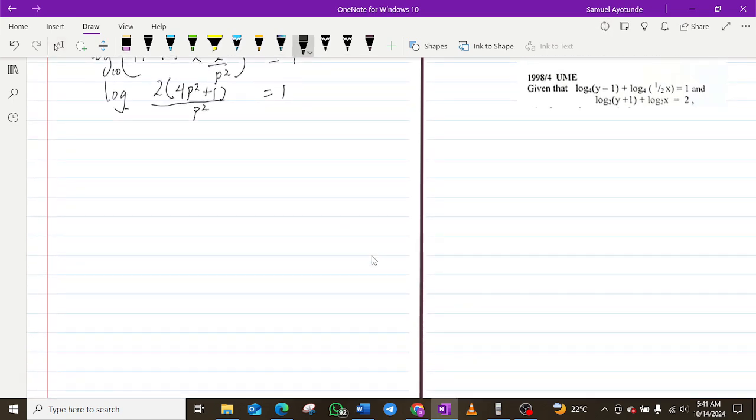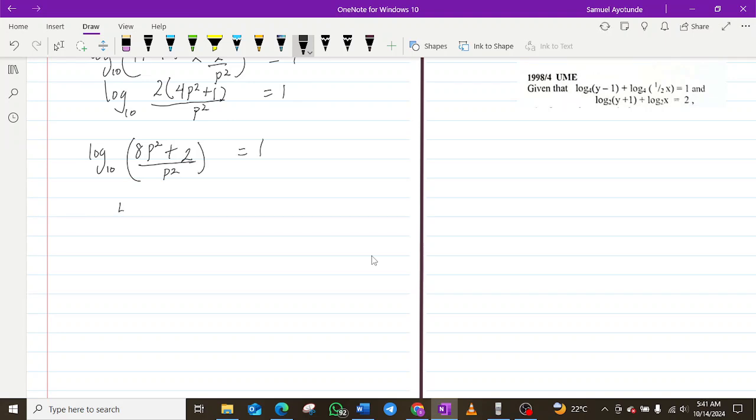So don't forget it's base 10. So we have log, we open up the bracket there, 8p squared plus 2 all divided by p squared base 10 is equal to 1.